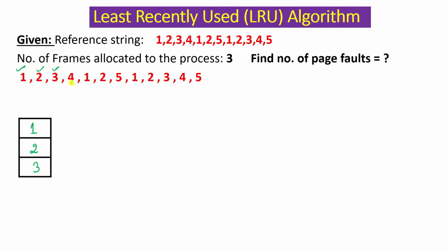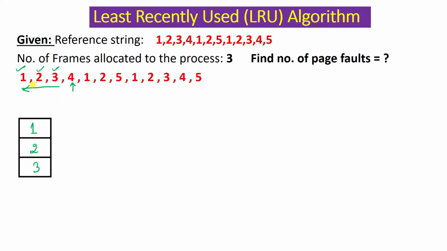Now for 4 I have to apply LRU. I am at 4, and I have to see out of 1, 2, 3 which page I should replace. I will not see the future, I will see the past. Here you can see 3 was just used, 2 was used before 3, and 1 was used very much before in the past.